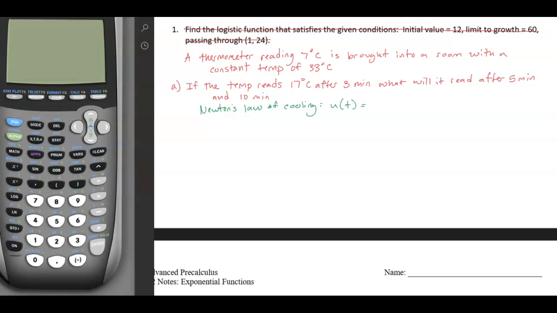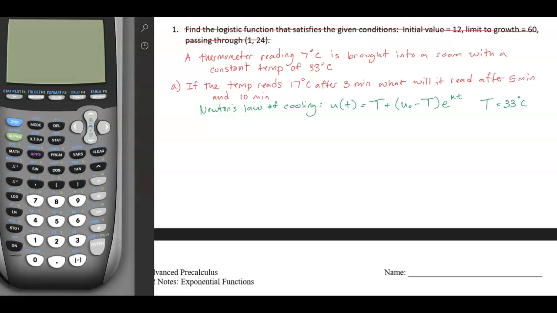U(t) equals capital T plus (U sub 0 minus T) times e raised to kt, where T is the constant temp of surroundings. So in this case, T is equal to 33 degrees.